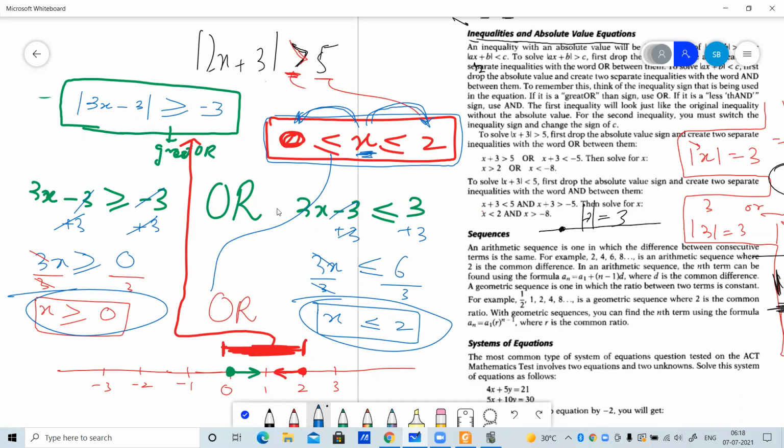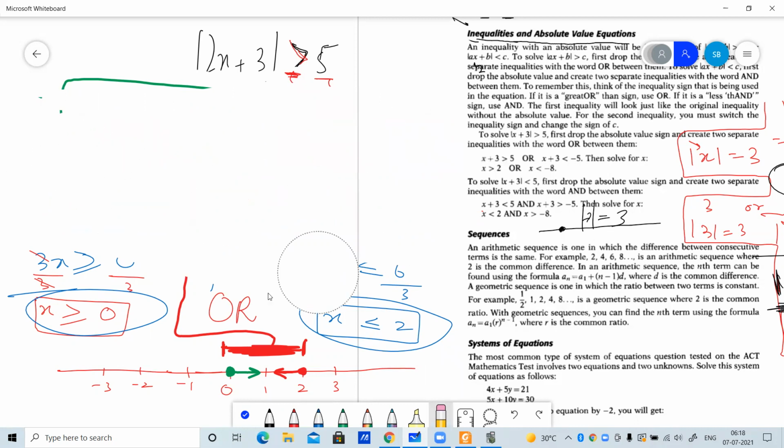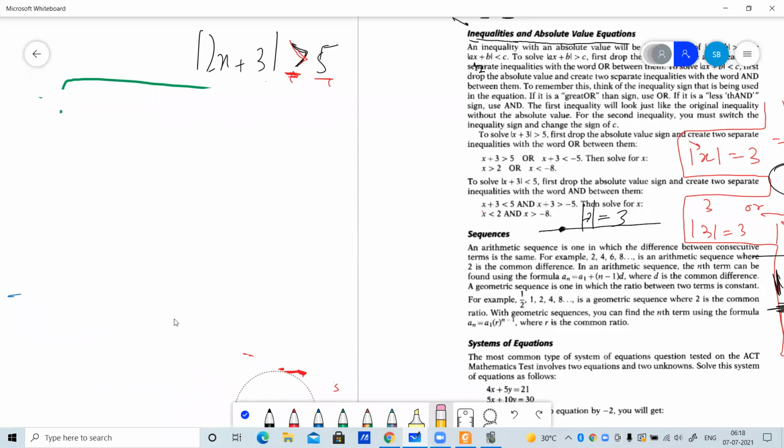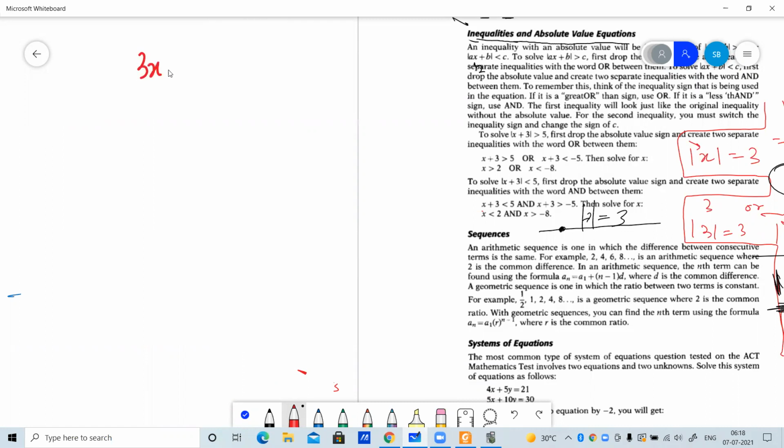Now let us go to less than inequality, and we are done with the absolute value inequality. Let's take an example: absolute value of 3x minus 2 is less than 4.